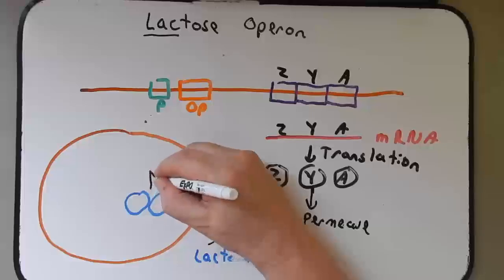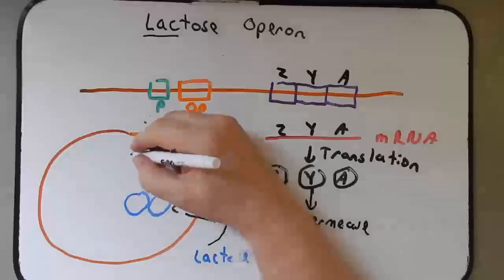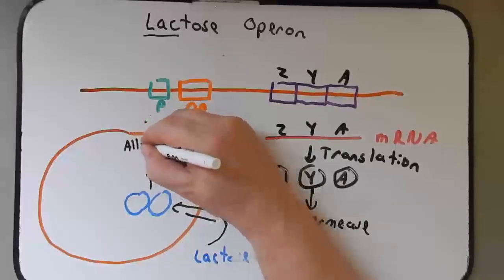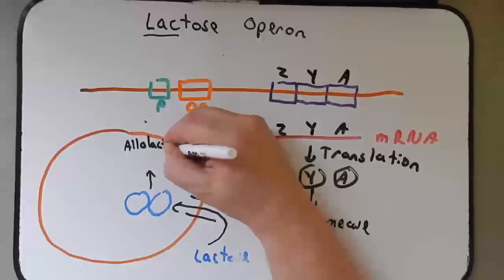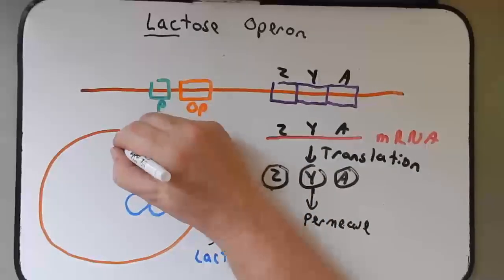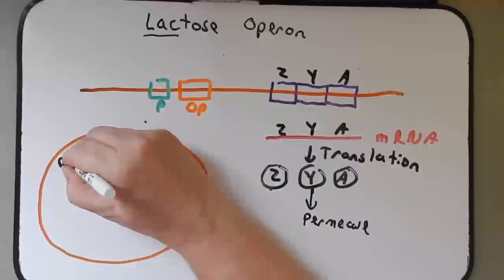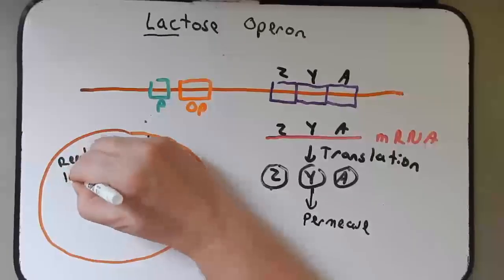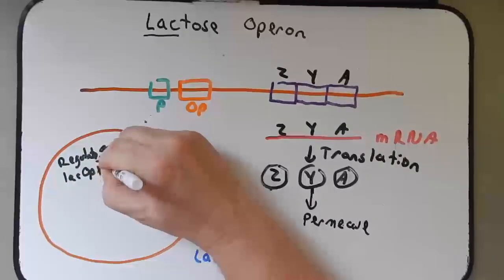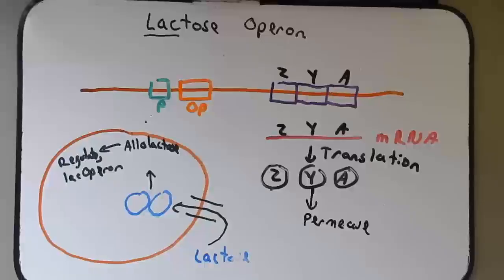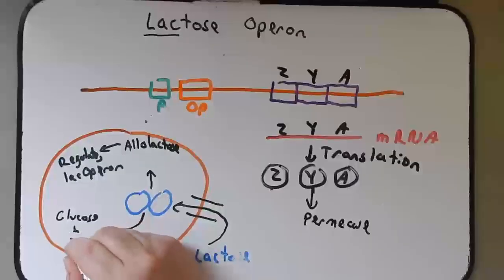Now, some of the lactose, when it enters the cell, is converted into something we call allolactose. Allolactose then regulates the Lac Operon, and we'll come back to that in just a moment. Most of the lactose that enters the cell is metabolized into glucose plus galactose.